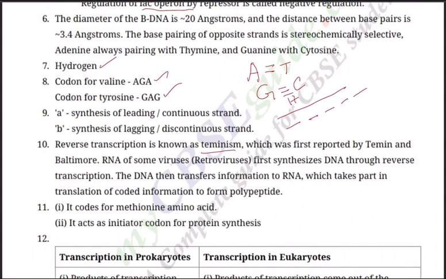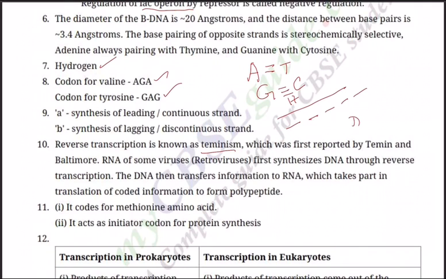Question number 10: reverse transcription is known as Teminism. This was first reported by scientists called Temin and Baltimore. That's why the name Teminism. RNA of some viruses like retroviruses first synthesize DNA through reverse transcription.